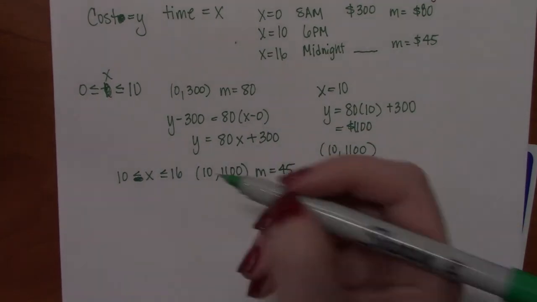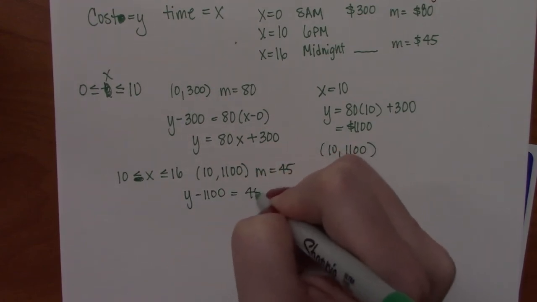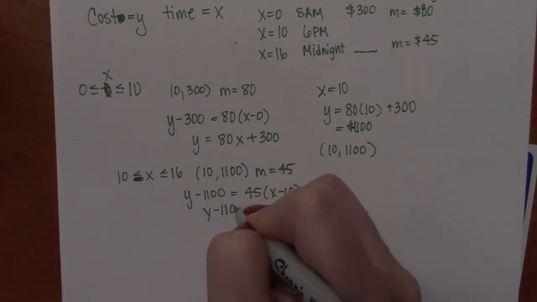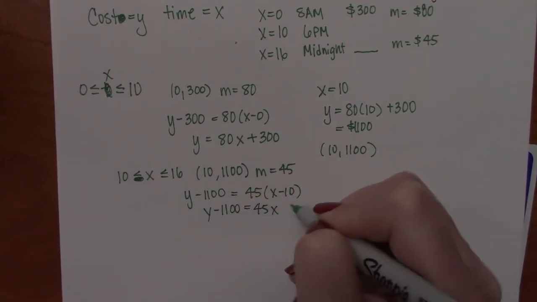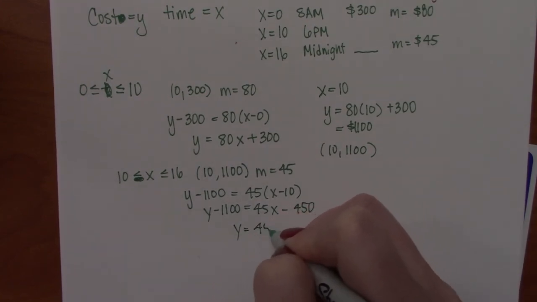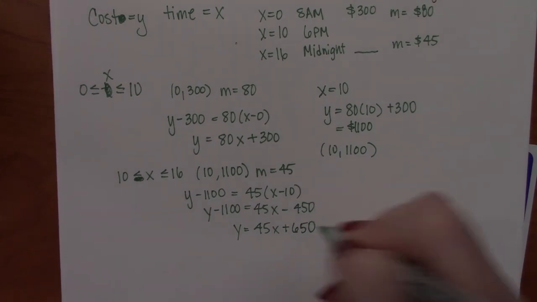So now I'll write the new equation. y minus 1,100 will equal 45 times x minus 10. So y minus 1,100 is 45x minus 450. And what's 1,100 minus 450? Some of you guys can do that in your head. I can't. All right, let's see if you're right. And you are, 650. Okay?